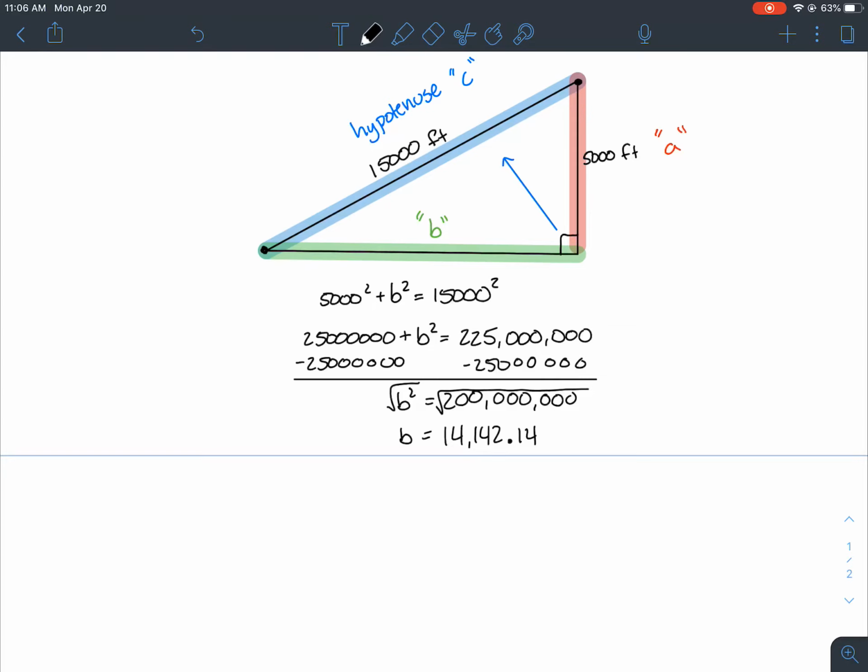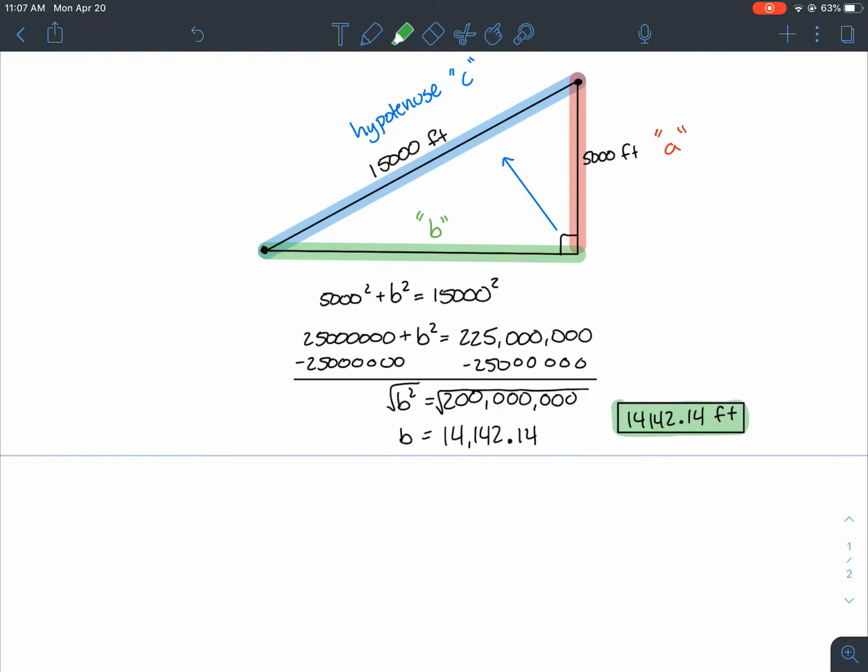That's after rounding. So it has gone 14,142.14 feet along the ground. And that would be our answer here. That's what that green section is up on the triangle.